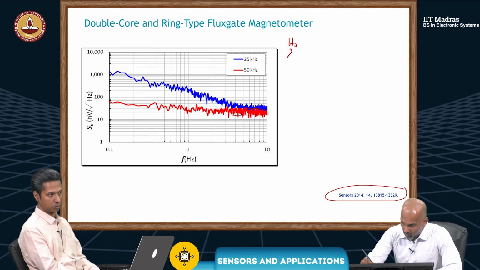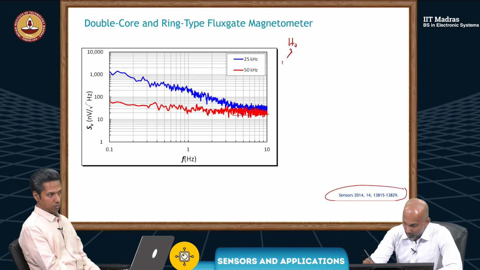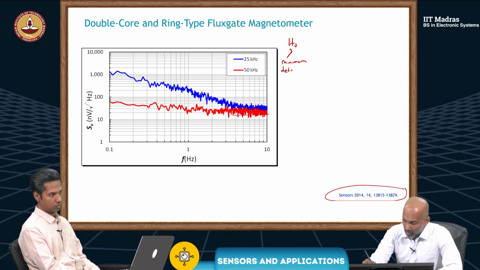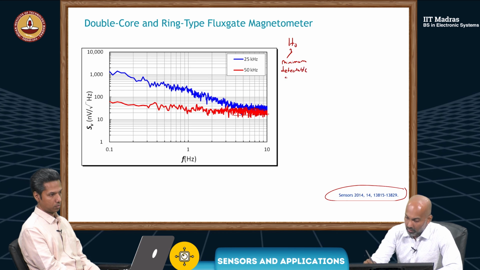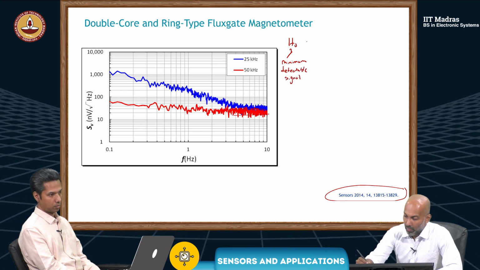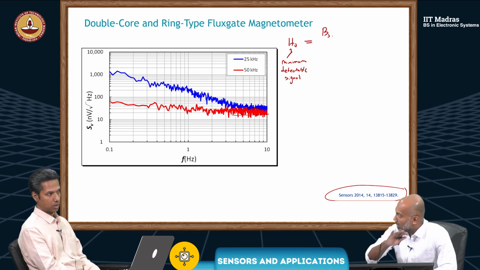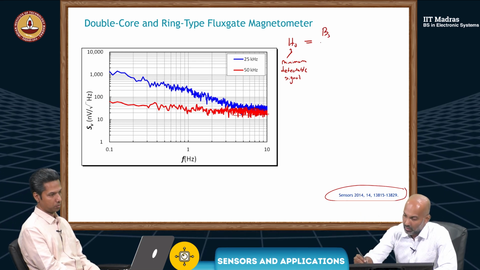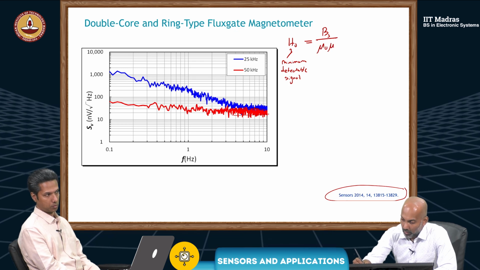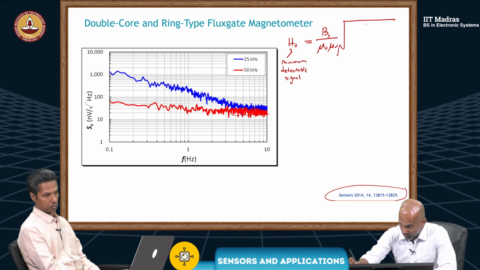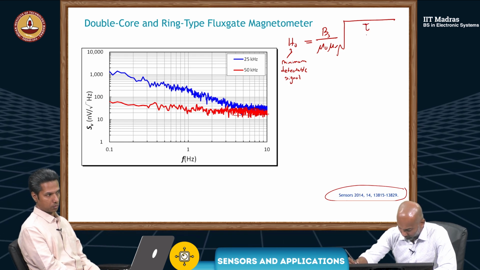So let's say this is what you're trying to measure. This is your minimum detectable signal, equal to PS, which is your saturation magnetic flux density, divided by mu, your mu r, times the square root of tau.